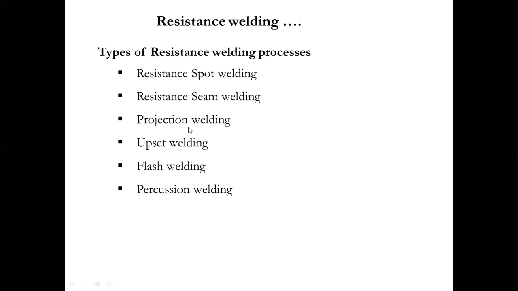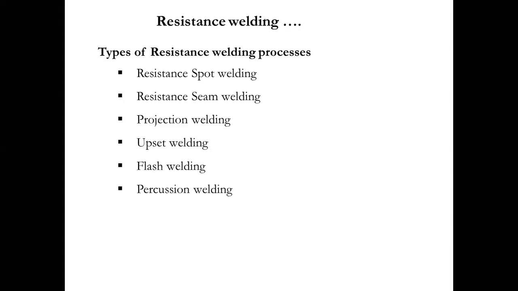And in projection welding, you will have a projection on the sheet or on the electrode. It will simply allow the current to pass into the sheet and it will press the workpiece. So when it presses the workpiece at this projection, you will get the spot at regular intervals.